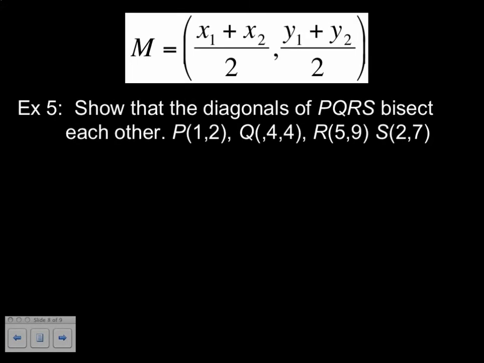Here's the midpoint formula again. In this example, example 5, we want to show that the diagonals of PQRS bisect each other. We're given that point P is 1, 2, point Q is the point 4, 4, point R is 5, 9, and point S is the ordered pair 2, 7.